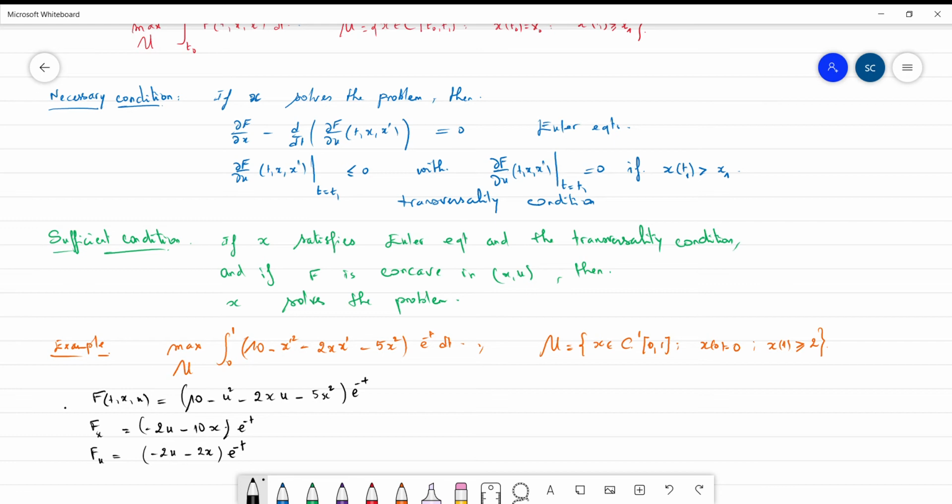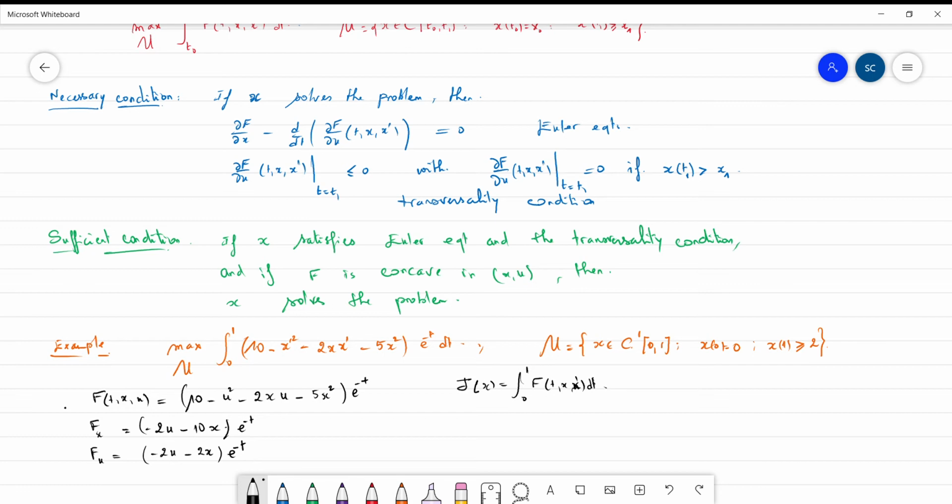And g(x) is the integral from 0 to 1 of f(t, x, x') dt, similar to what we have.